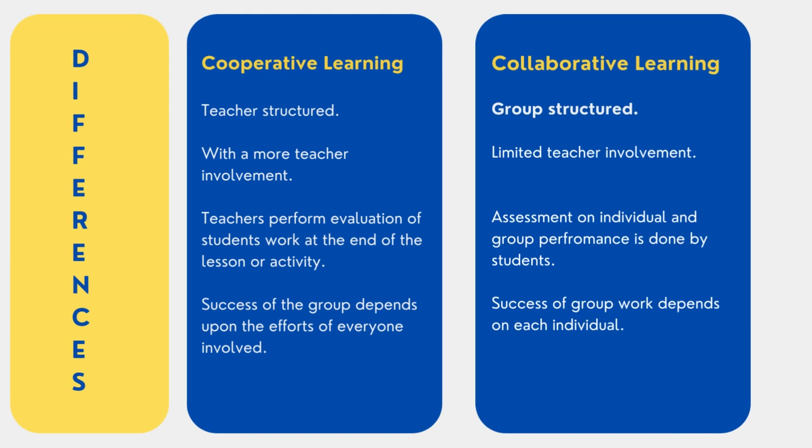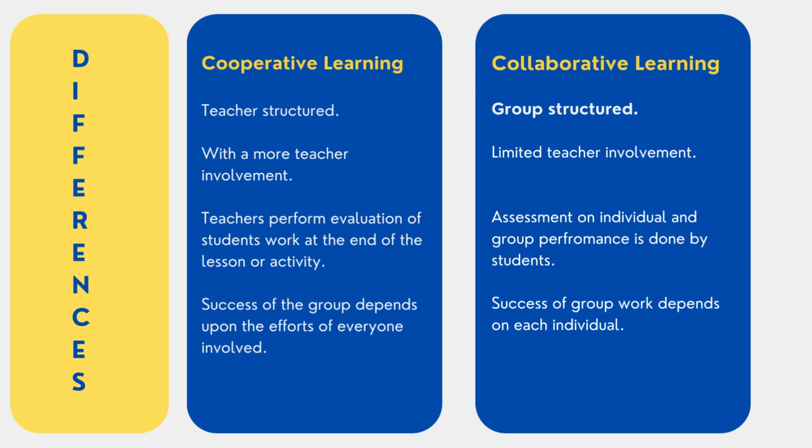Now let's go to the differences between cooperative and collaborative learning. In collaborative learning, students progress personally while working towards a common goal. Students are accountable to one another. In a typical collaborative learning process, students organize their efforts between themselves, or we call this a group structure.